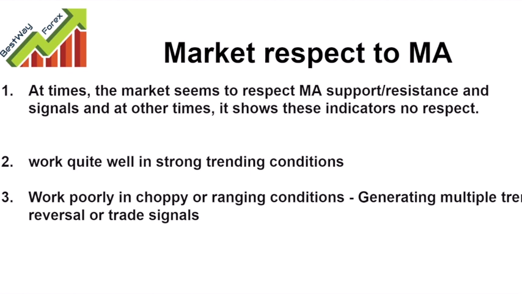It generates a lot of false signals when the market is ranging or choppy, which means when the volatility is so high and the market does not respect MA rules at all. So keep in mind that the market is not always respecting the MA, and also the MA works quite well in strong trending conditions but works very poorly in choppy and ranging conditions. These three things you need to keep in mind.